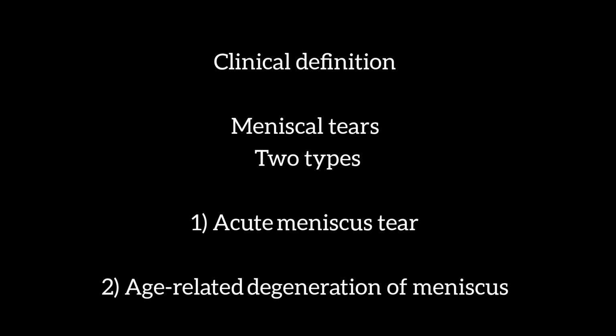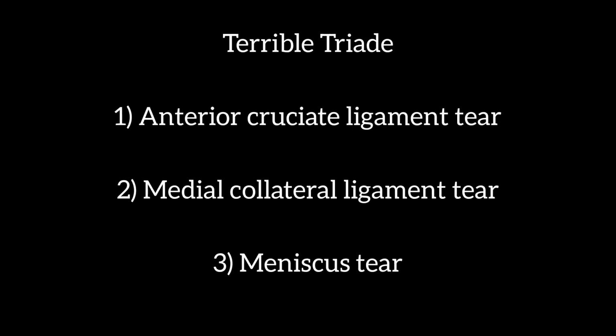When a knee injury is caused by meniscal tears, we categorize it into two types: the acute meniscus tear and the age-related degeneration of the meniscus. There is a term, terrible triad. For example, in high force or high energy trauma to the knee, there are three types of injuries together.